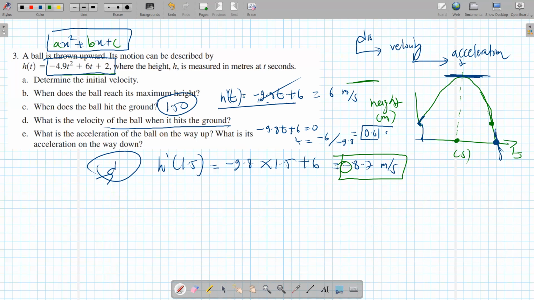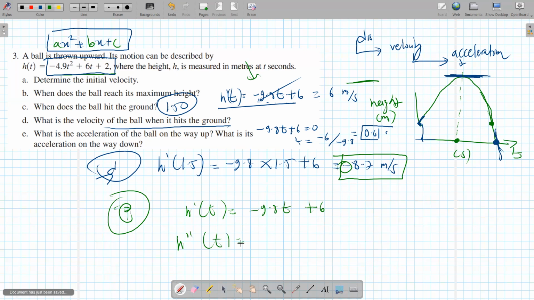It's the double derivative. We have the first derivative up here, h prime of t was negative 9.8 t plus 6. So what's going to be h double prime of t? Negative 9.8.